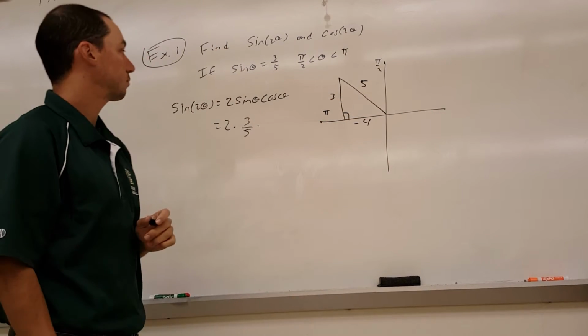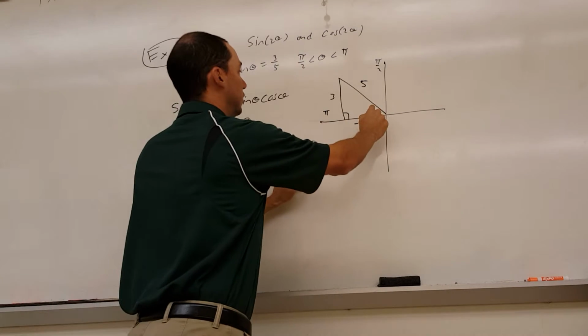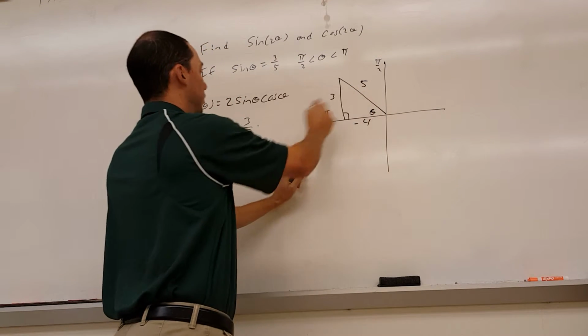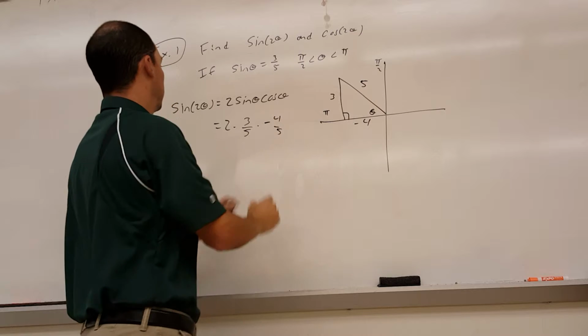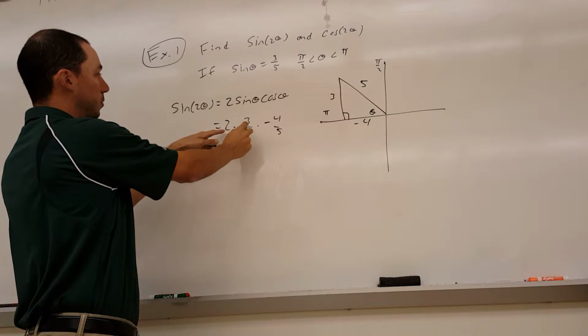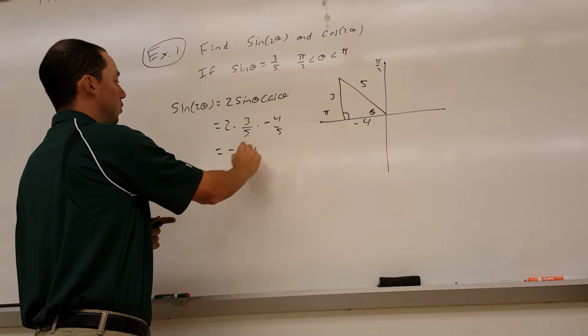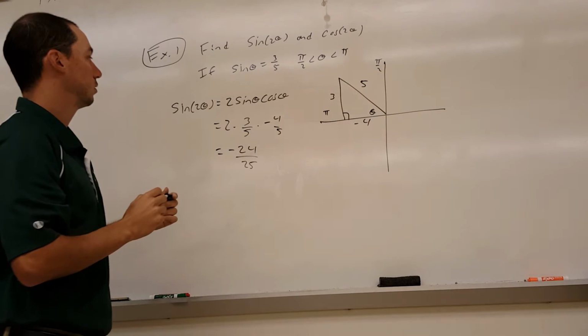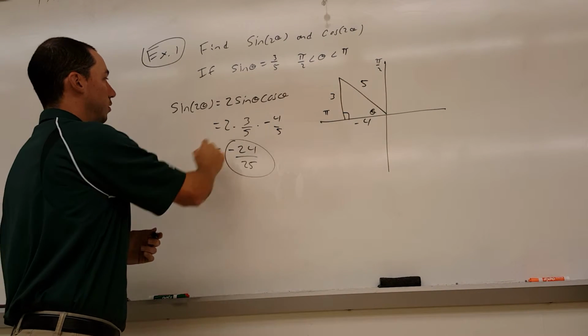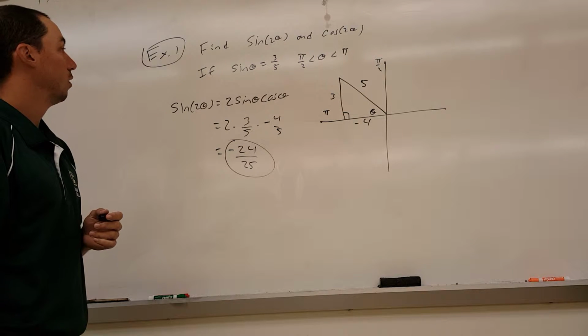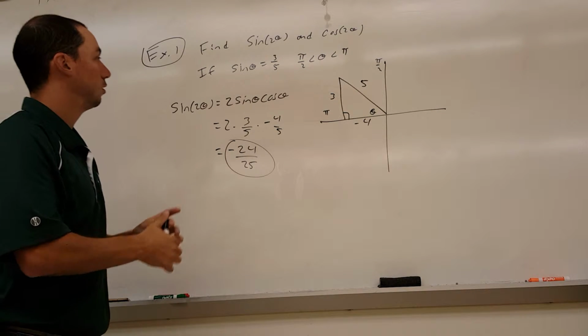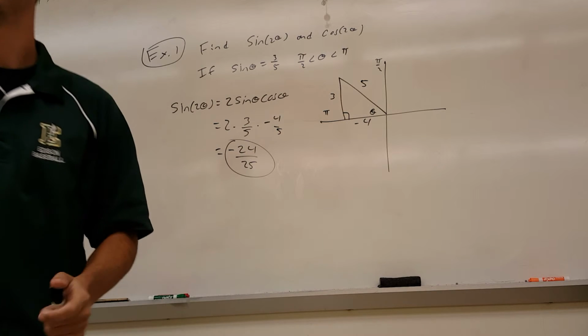So cosine of theta, adjacent over hypotenuse, is negative 4/5. 2 times 3 times negative 4, let's see, negative 24 over 25. And there we are. Okay. I'll erase this and then we'll do cosine.